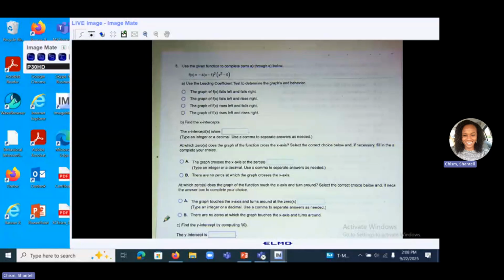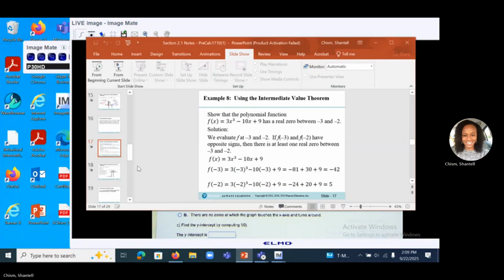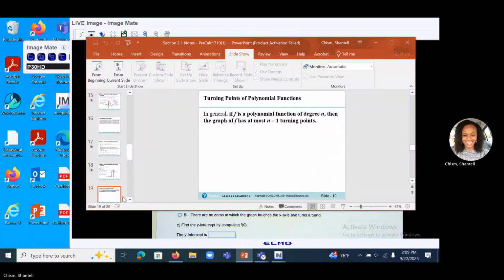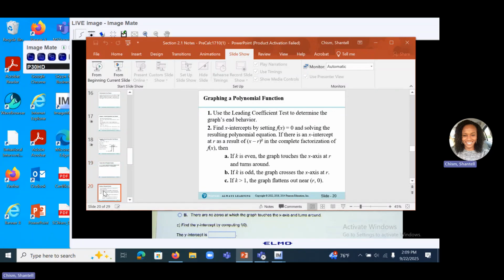So let's go back to the notes quickly here. So we're looking at a graphing strategy.